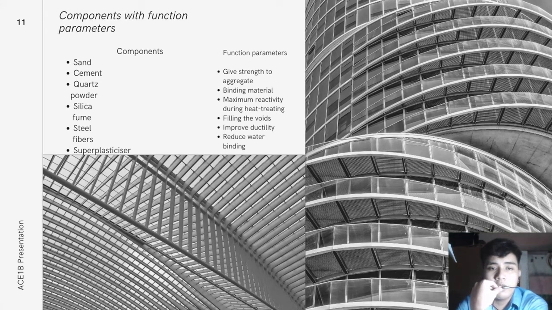Filling the voids. The job of silica fume is to reduce the permeability or the porosity present in the concrete. Fifth, steel fibers. It improves the ductility and the strength of the concrete. Last one, superplasticizer, which reduces water binding because of the synthetic polymer or copolymer present in its chemical components.